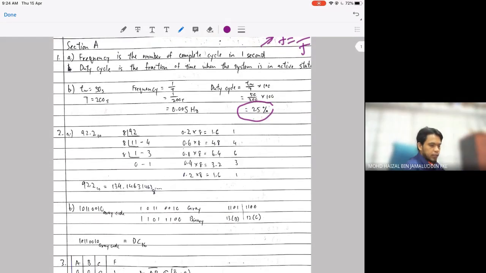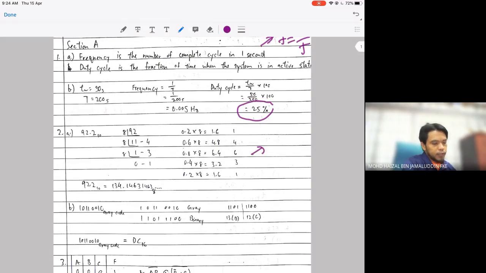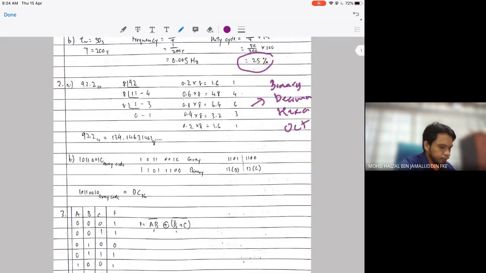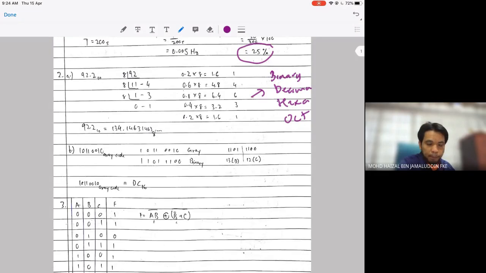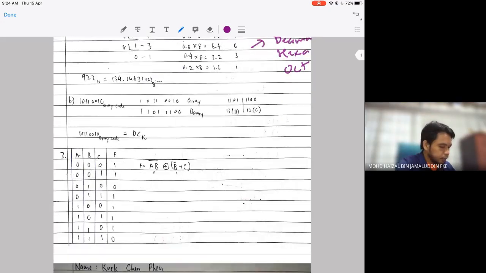Then the second question asks about the transformation of binary, decimal, hexa, octa. It's just a change of numbers. And here you have the additional, like gray code or change to binary, which is a section after the numbers.